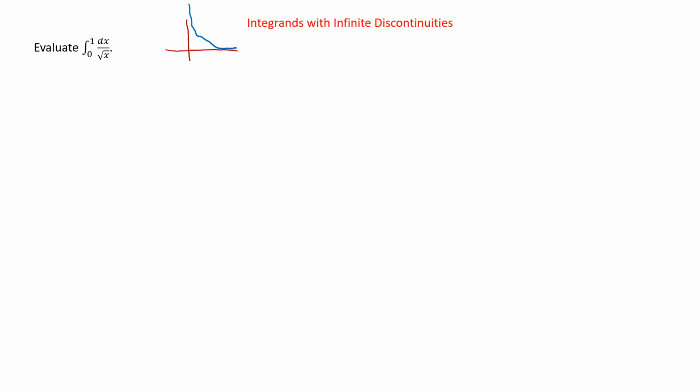So it's kind of like when we had the horizontal asymptote, but now we actually have a vertical asymptote. So what do we do? We do basically the same thing. We can't plug in 0 to this because 0 doesn't work, but we can take the limit as a is going to 0 from the positive side of the integral of a to 1.